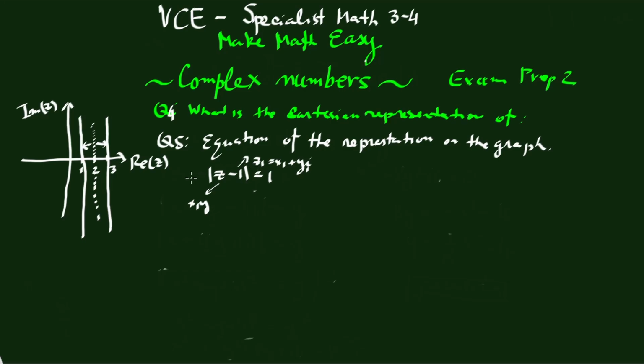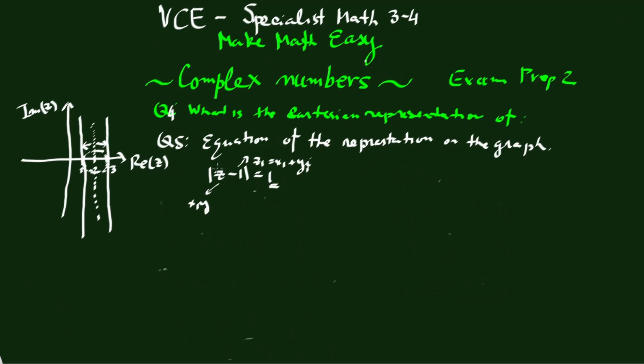So this point z1, if you let x and y from z be anything and the distance is 1, it would turn into a circle around here. Remember that the absolute value of z minus 1 is the distance between z, which is any point with x and y coordinates, at a distance of 1.